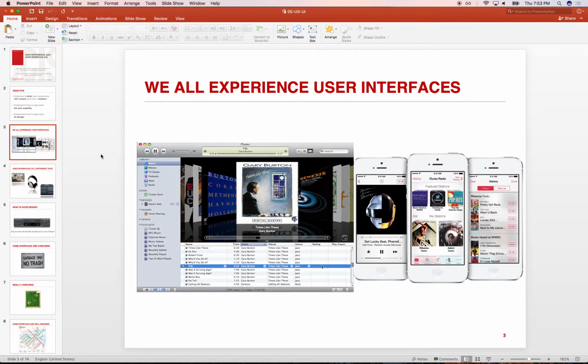Obviously, in the software world, we're talking about software user experience, which certainly has evolved over time. Most folks would say you have to ask people what they want. What would it look like if they had a choice?